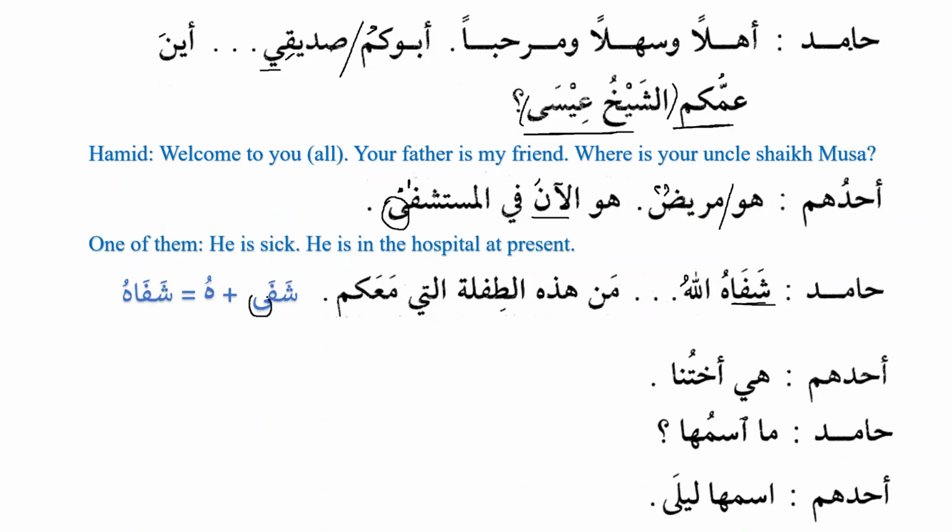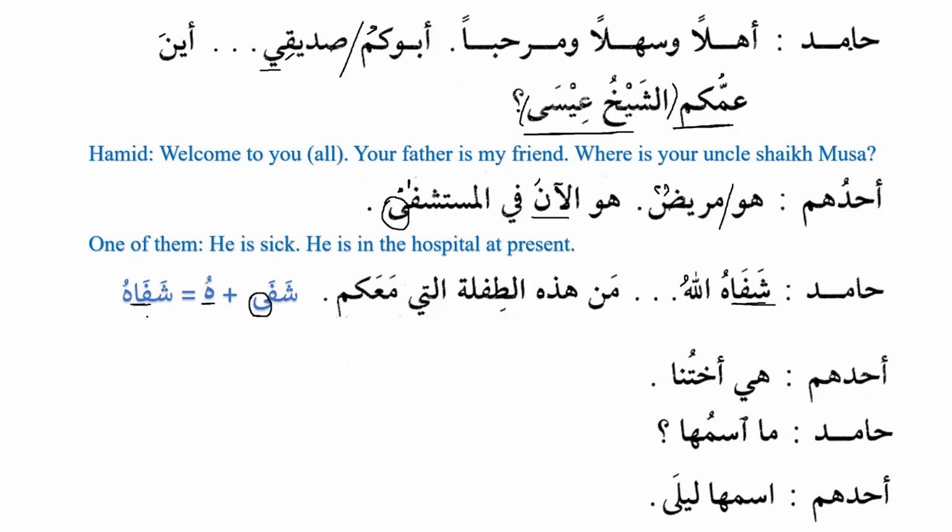Alif maqsura. And in Arabic, the rule is whenever you have alif maqsura, and after that you have the attached pronoun, for example hum, hu, ha, hunna, ka, kum, ki, kunna, or na, this alif maqsura changes into regular alif.